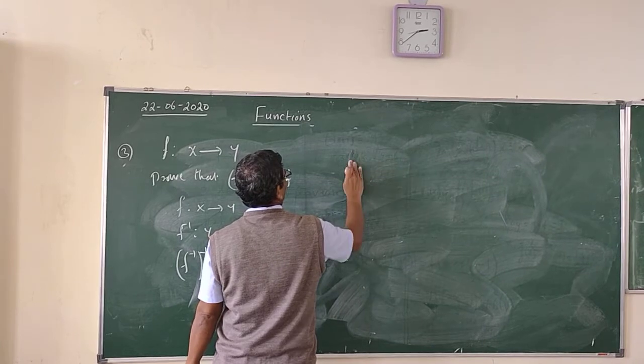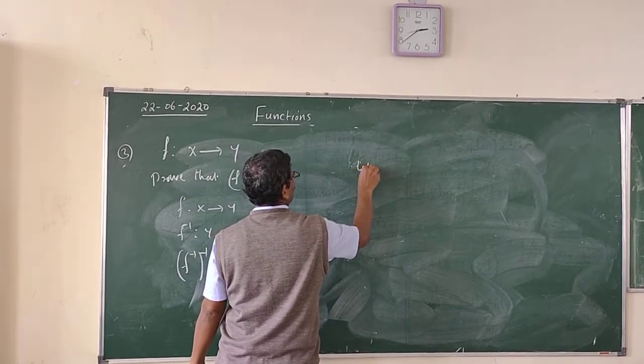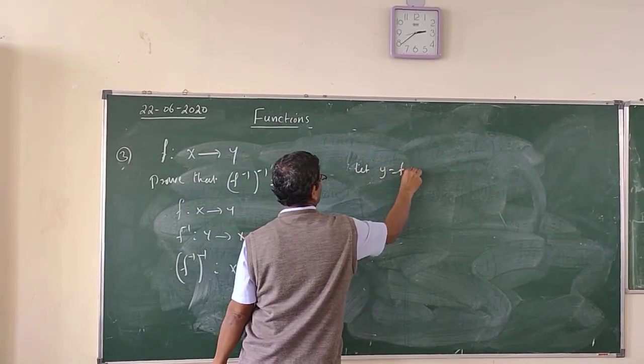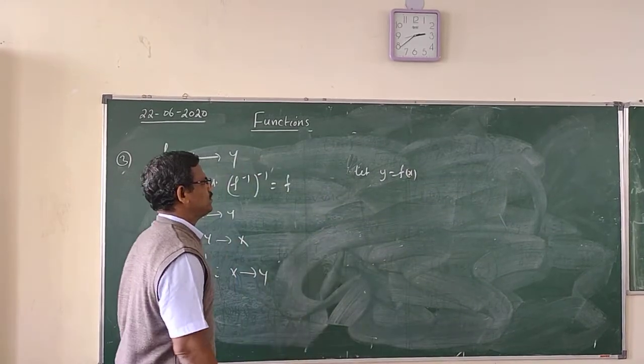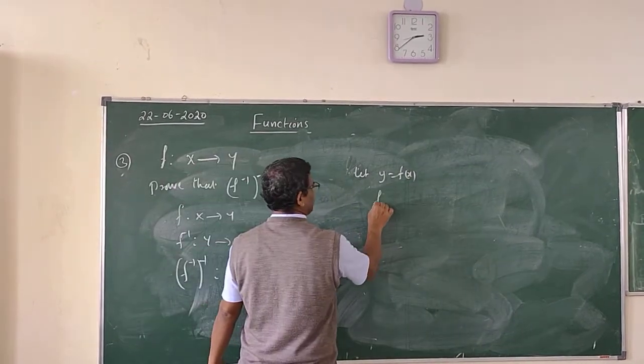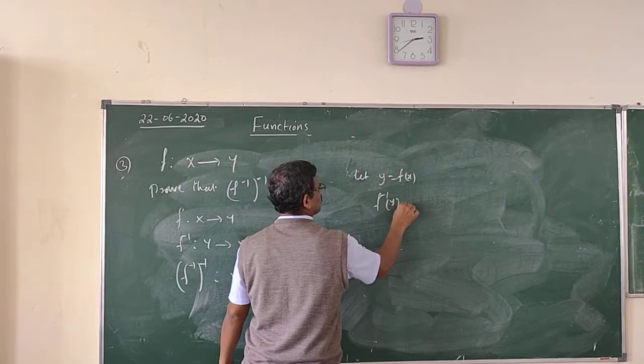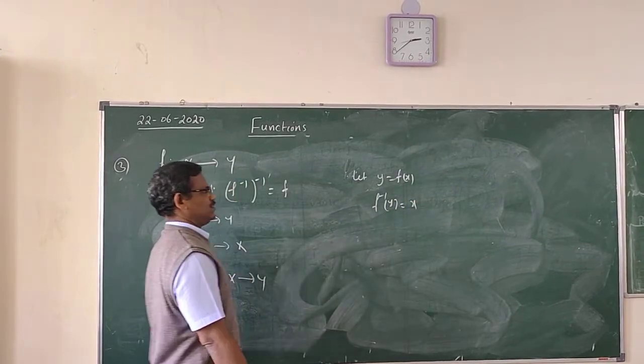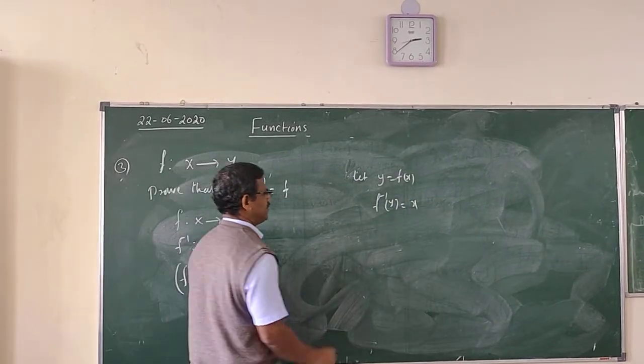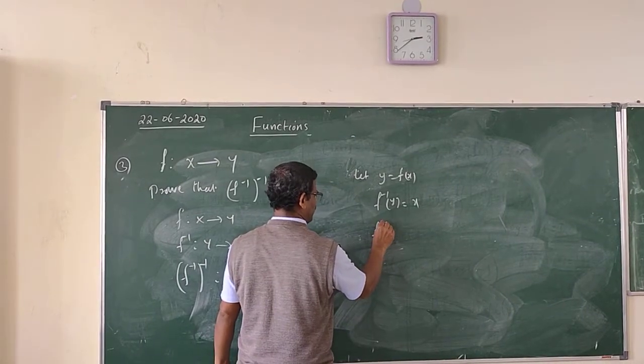Let y is equal to F of x. Then F inverse of y is equal to x. That is F inverse.